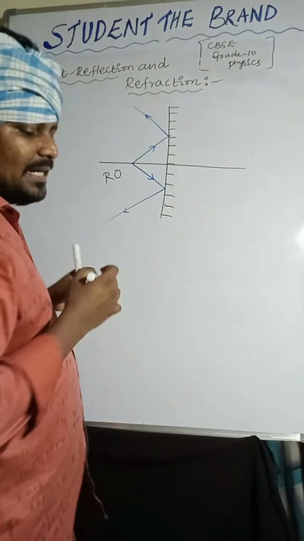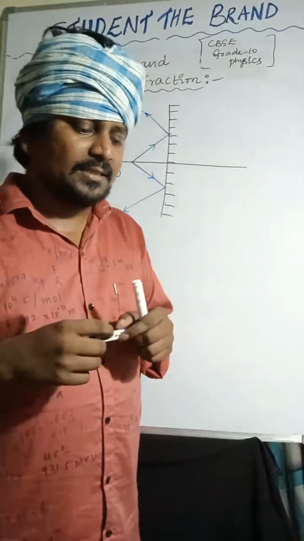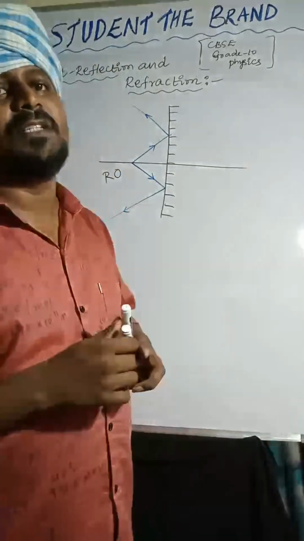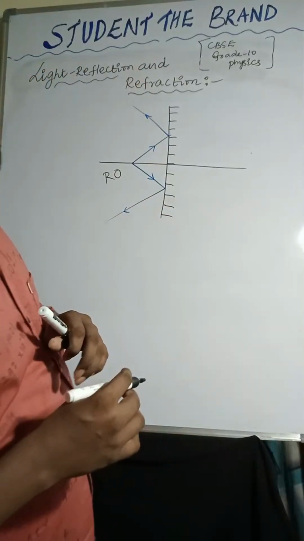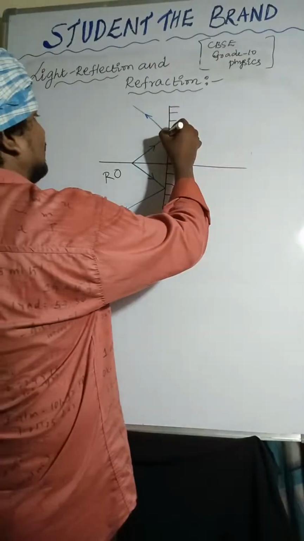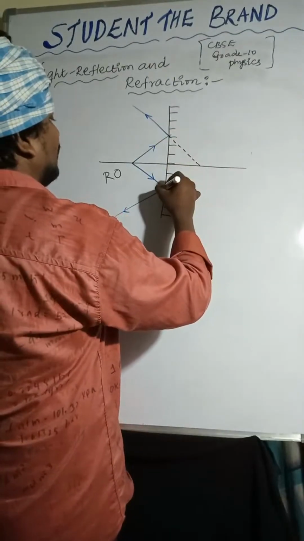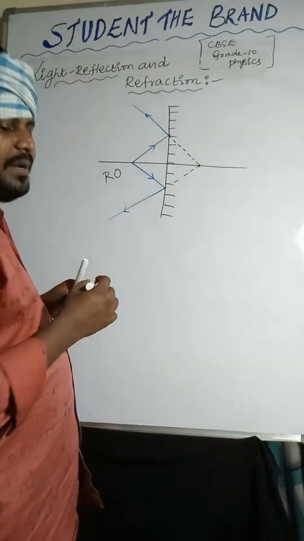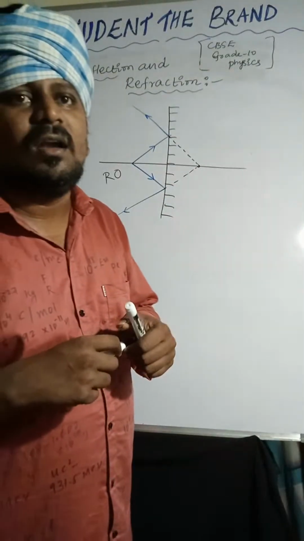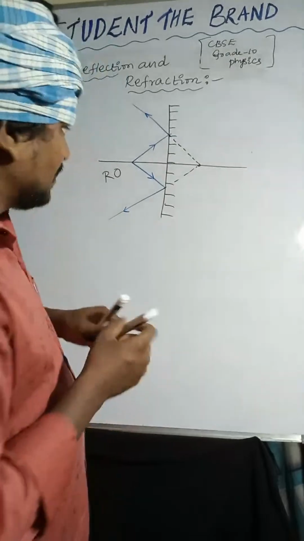So we can extend those reflected light rays. Reflected light rays are meeting at one point. Here their image is forming, that is called virtual image.